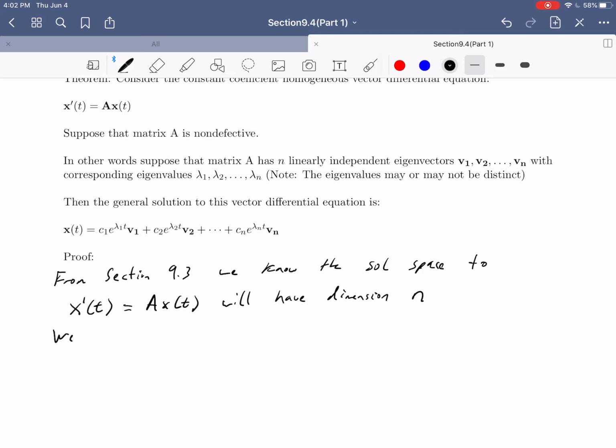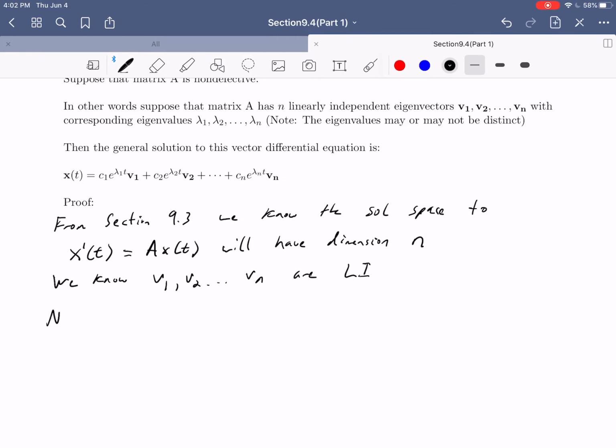So we know v1, v2 through vn are linearly independent. What we need to show is that the functions e^(λ1 t) v1, e^(λ2 t) v2, through e^(λn t) vn are linearly independent.